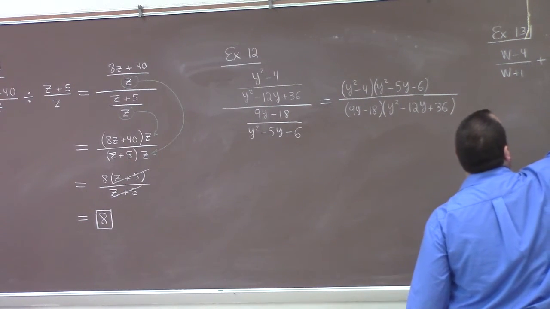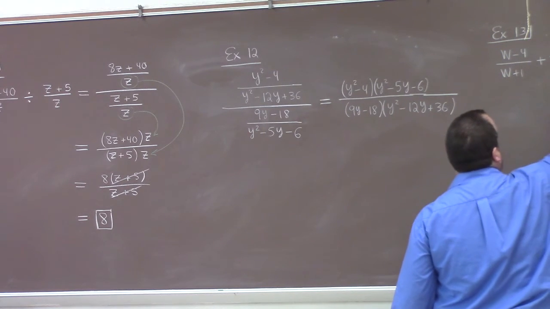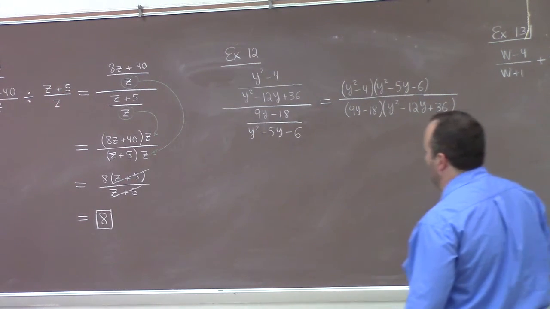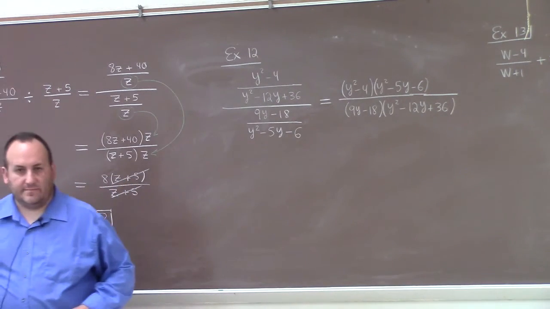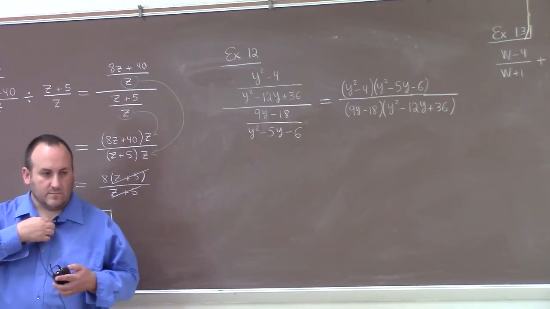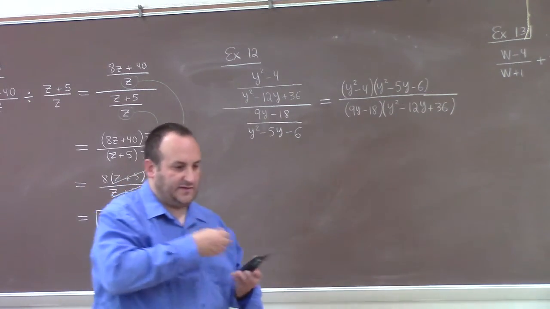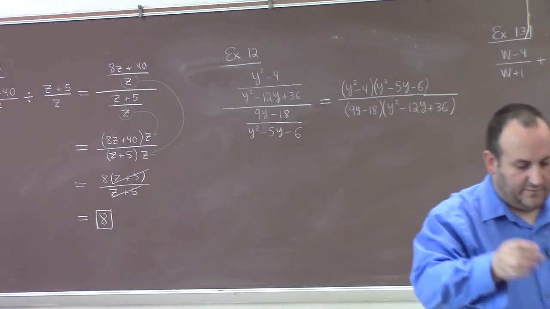So what I'd like for you guys to do is to work on these, and I'll be back in just a minute. I'm going to go grab Chris's test and my exercise sheet so we can go on from there. All right?